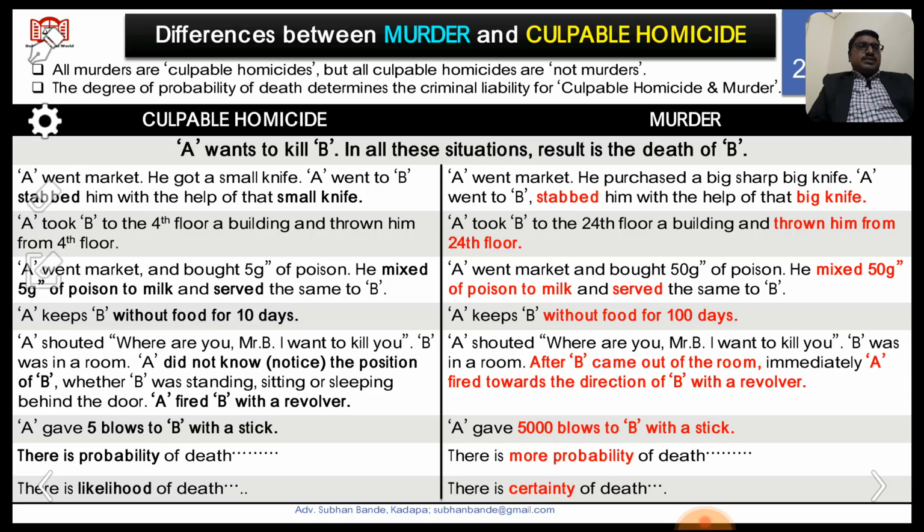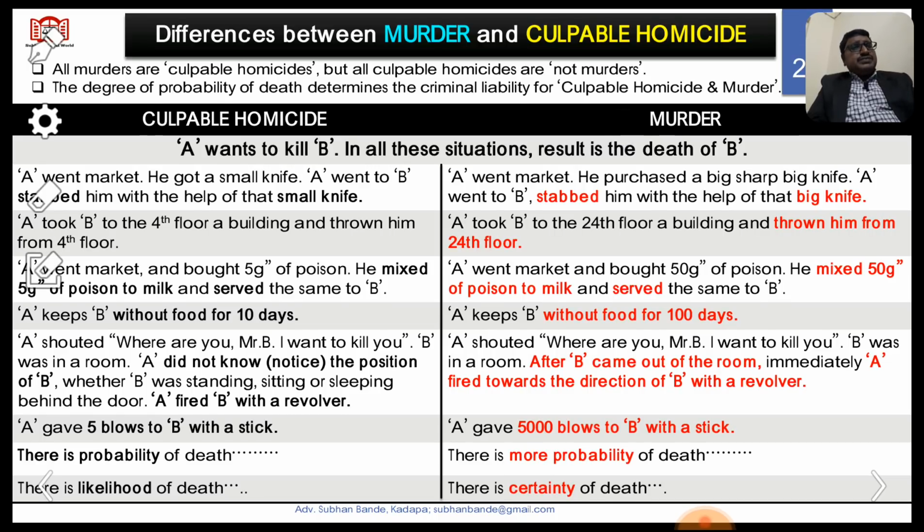The apex court held in many cases that all murders are culpable homicides, but all culpable homicides are not murders. On the basis of this sentence, we can easily say that murder is a form of culpable homicide.